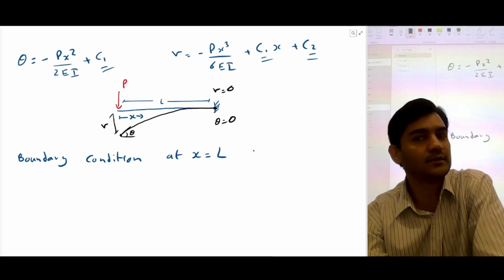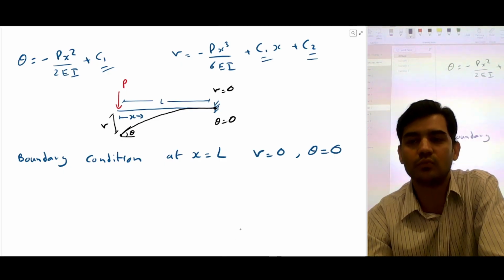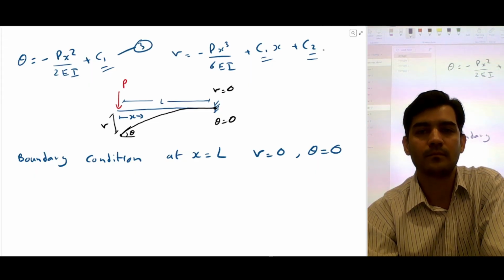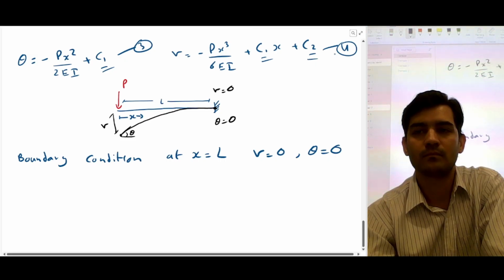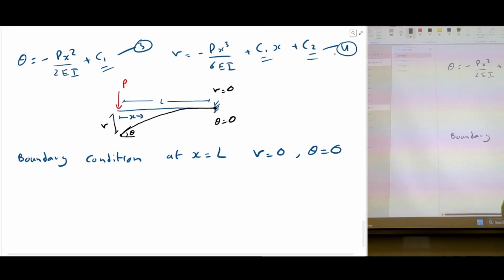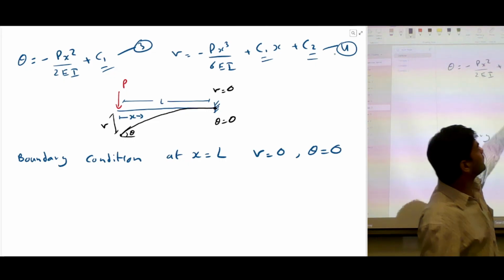So when x is equal to L, our displacement would also be 0 and our bending angle would also be 0. So if you put L instead of x in equation 3 and in equation 4, you're going to get 0 values. So you can use this boundary condition to solve for C1 and C2.